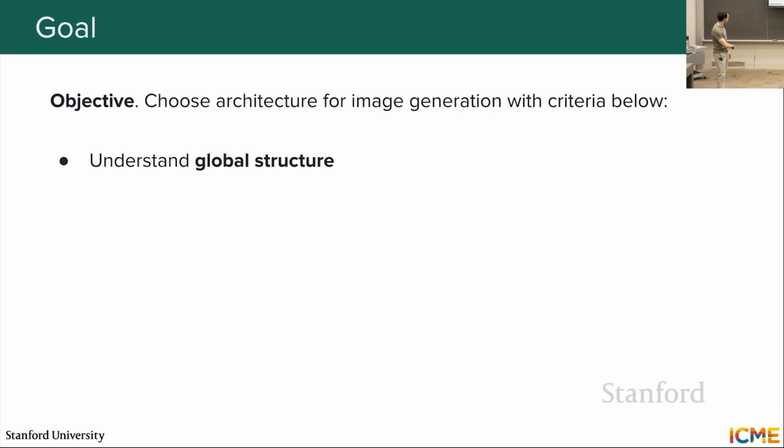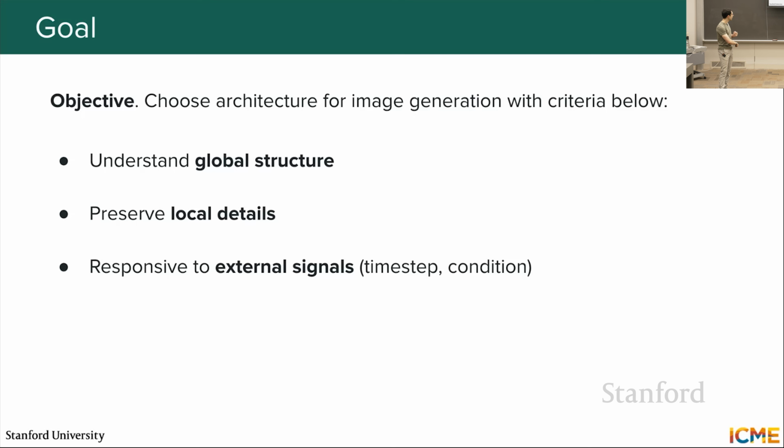First, we want our model to be able to understand the global structure of the image that it wants to generate. So that's one. But we also want it to understand the nuances of the local details so that it can also generate crisp images. And of course, we want a model that not only is able to have XT and T as input, but can also condition on external signals.